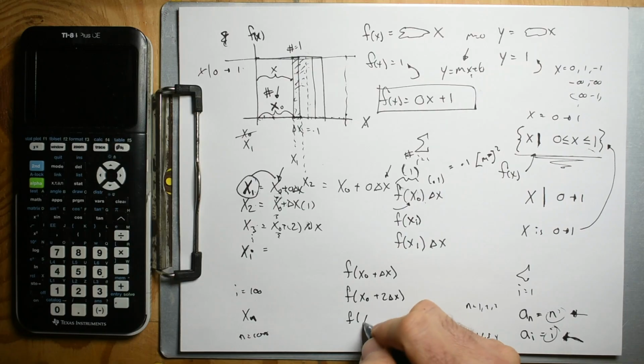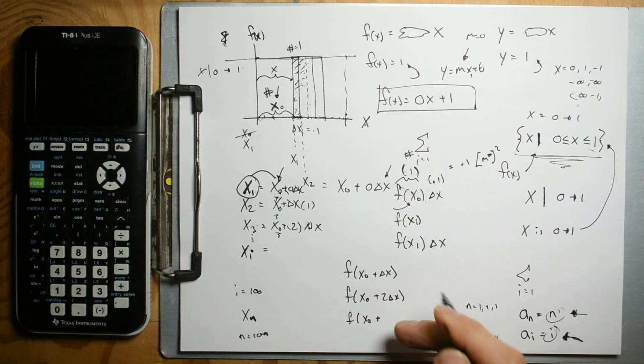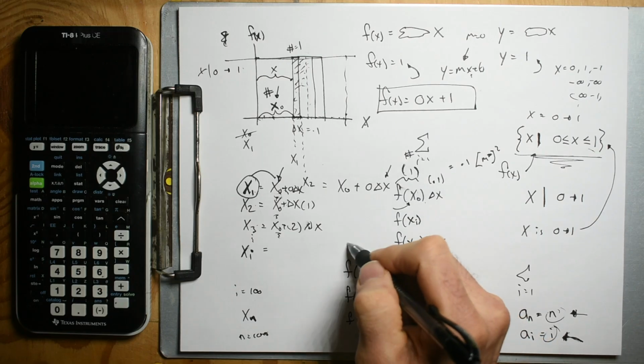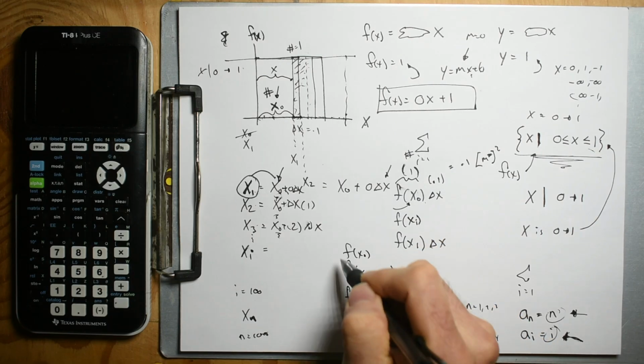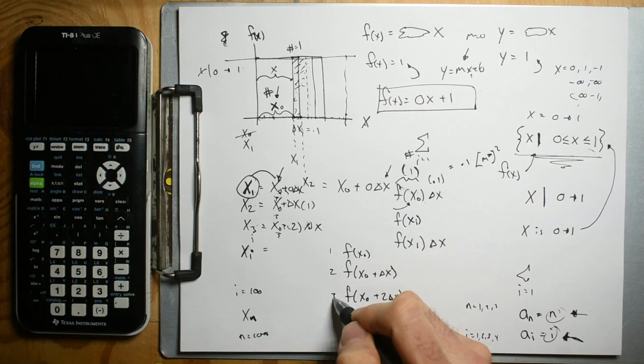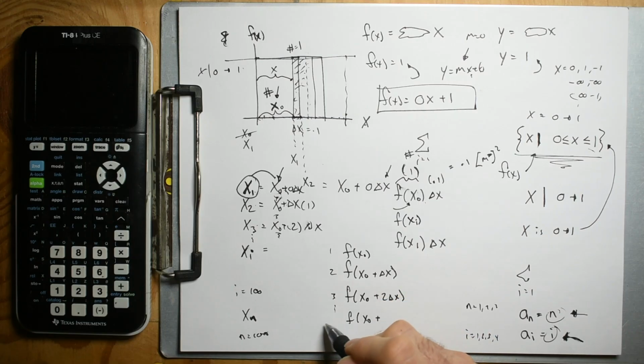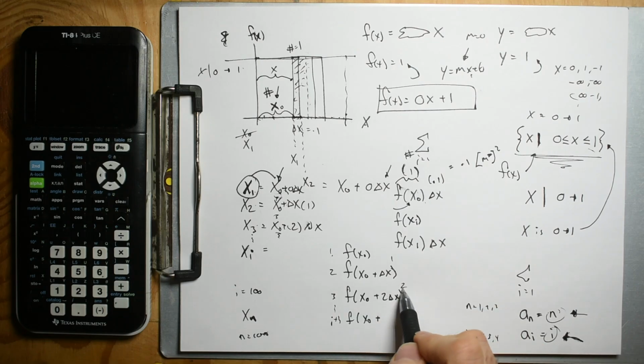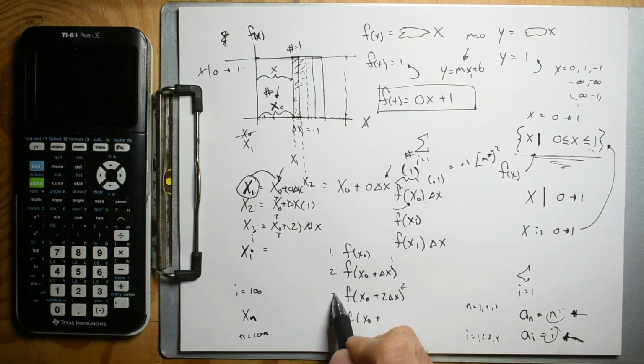Well, it would be f of x naught plus, this was the second one, because this was the first, second, third, ith. What would that be? You know what I mean? I have one of those, I have two of these when this says 3.